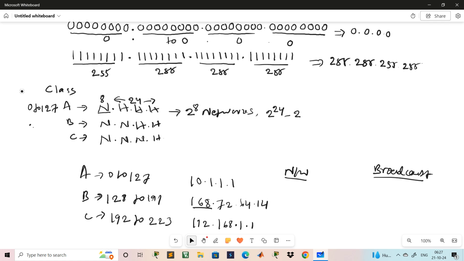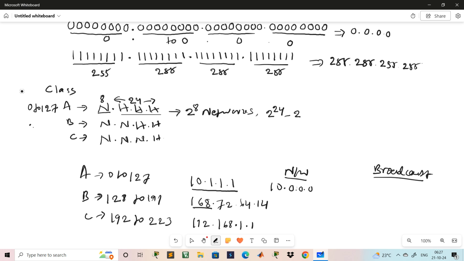So for regular IPs without subnetting, for this IP 10.1.1.1, just find out how many bits are reserved for host. Here 24 bits are reserved for host in class A. That is 3 octets: the second octet, third octet, and the fourth octet. So just make them 0, and you will get the network address 10.0.0.0.